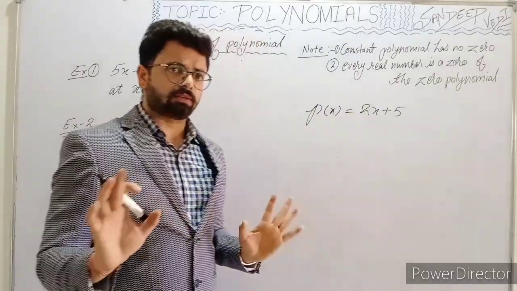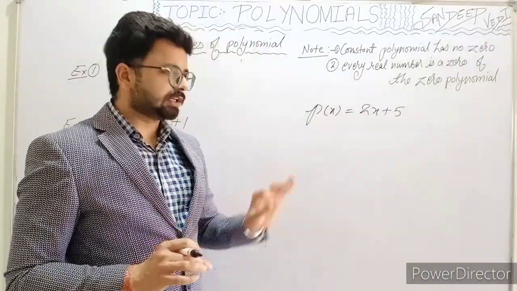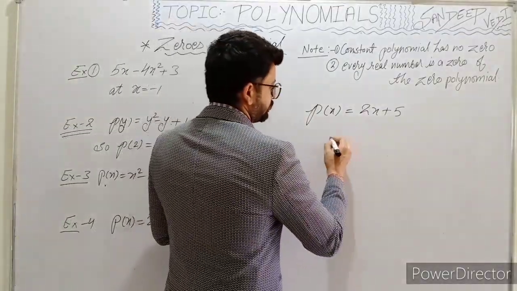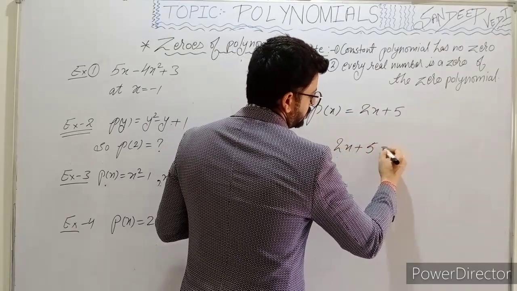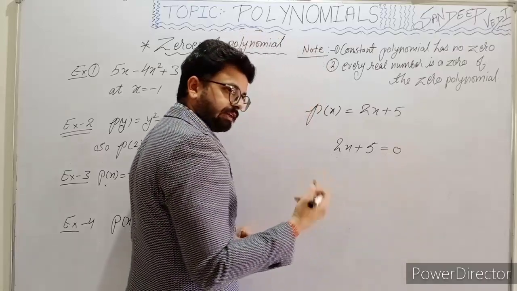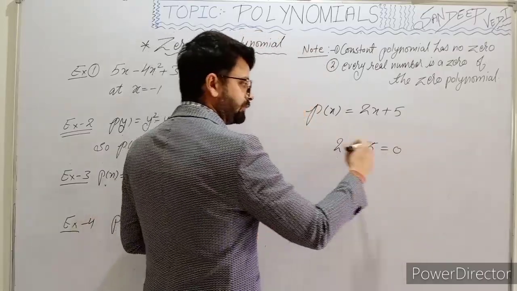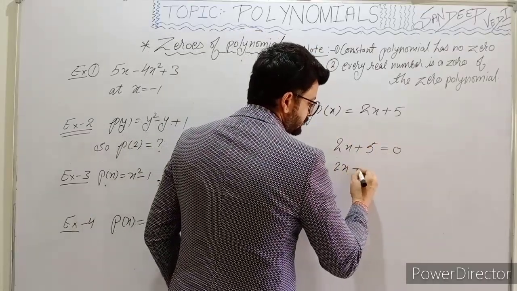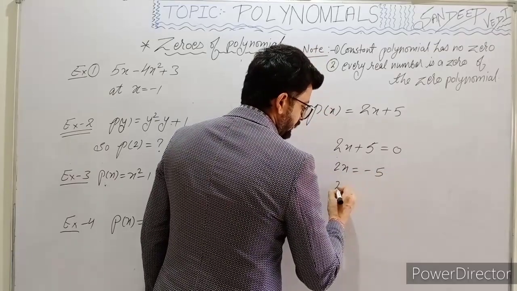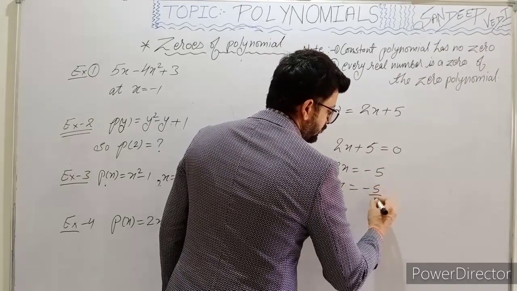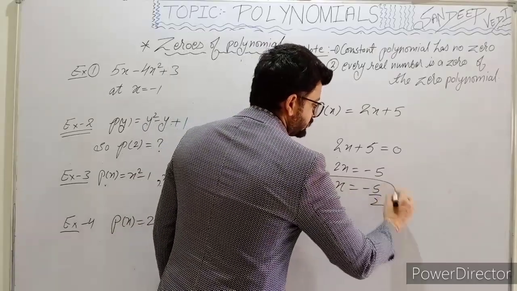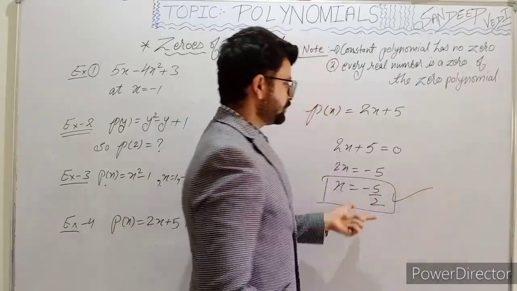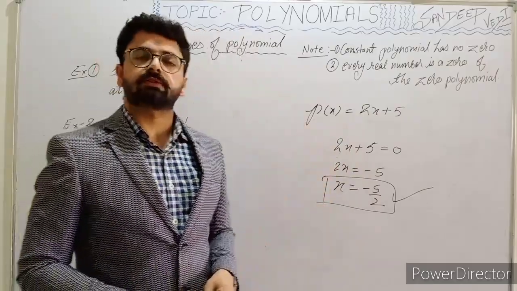That is too lengthy a method. I am telling you the direct way. You consider that 2x plus 5 is 0. Then we calculate the value of x by equating with 0: 2x is equal to -5 and x is equal to -5 by 2. So x equal to -5 by 2 is the zero of this polynomial, at which this polynomial becomes 0.